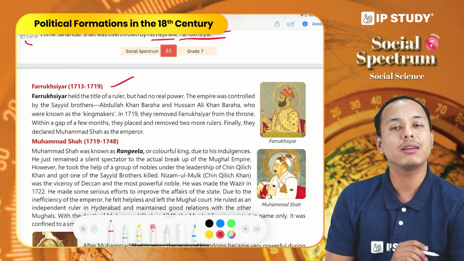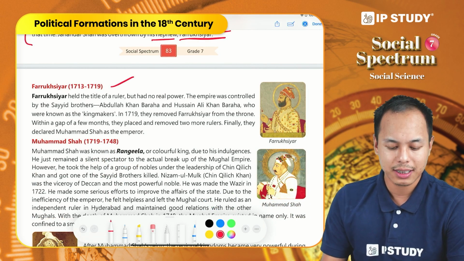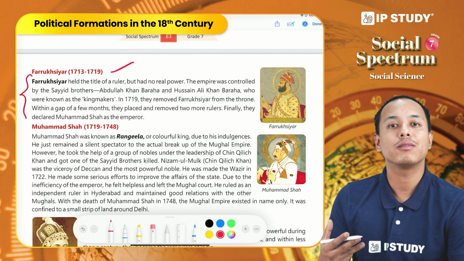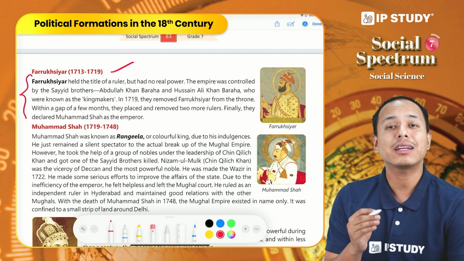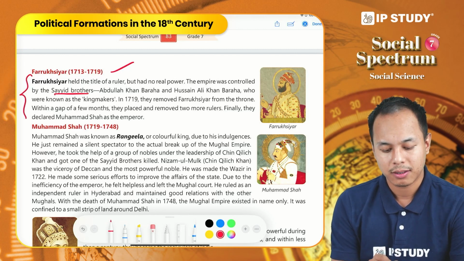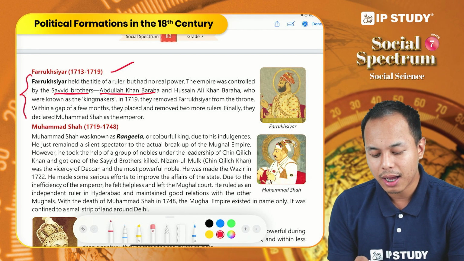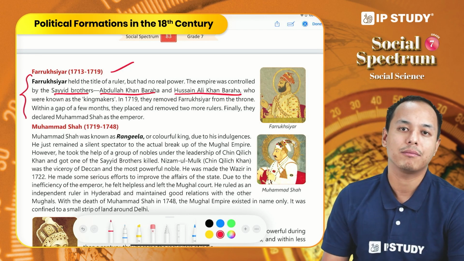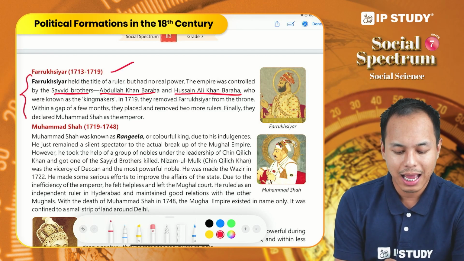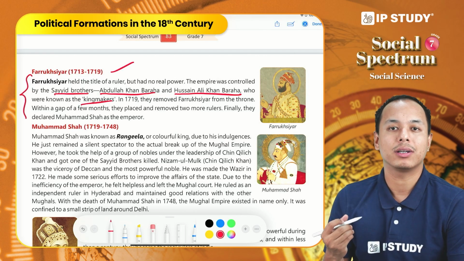So Farrukhsiyar ruled from 1713 to 1719, and again Farrukhsiyar also did not have any real power. He was only the ruler in name. The actual power was in the hand of the Sayyid brothers, Abdullah Khan Barha and Hussain Ali Khan Barha. They were also called the kingmakers, and they had the real power.